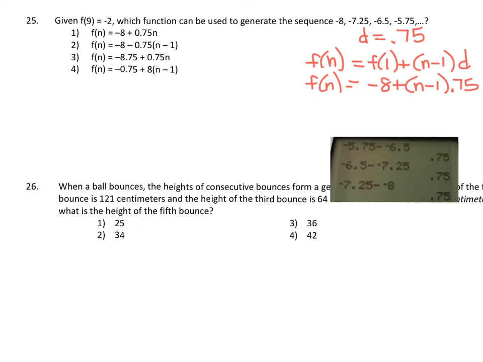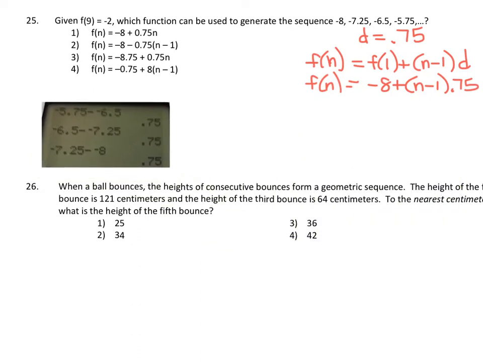So I think we're just going to have to work with this equation a little bit. So let's see what we can do. So f of n equals, I'm going to bring down the -8, and I'm going to distribute the 0.75 into the parentheses. So that'll be plus 0.75n, and then minus 0.75. All I did was distribute the 0.75 into the parentheses, and this is what I got.